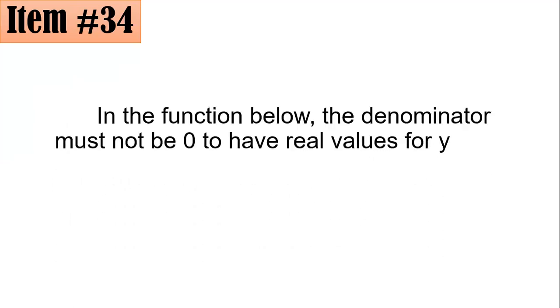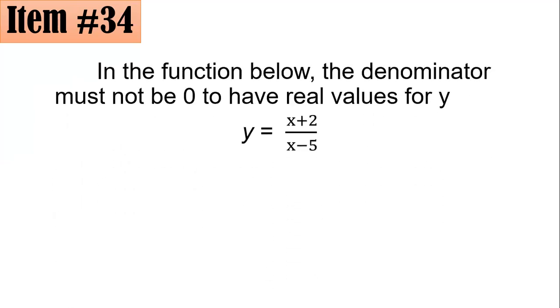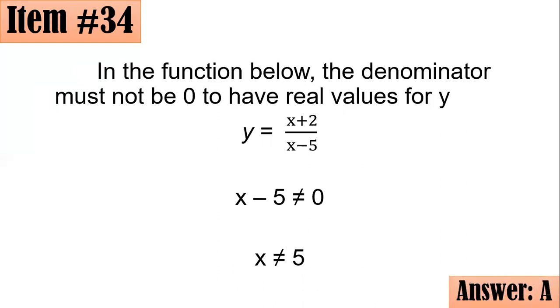Hence, if we equate the denominator to 0, then that's x minus 5 not equal to 0, and adding both sides by 5, you get x not equal to 5. Hence, letter A is our answer. In fact, it's any real number except for 5, because 5 here will make the denominator 0 and the expression undefined.